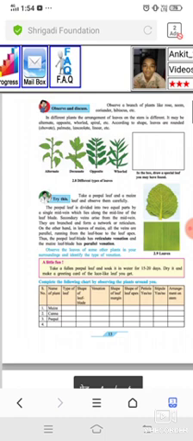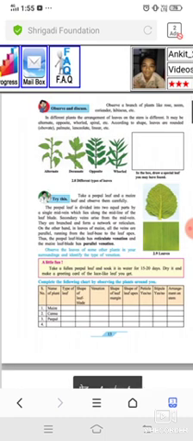Take a peepal leaf and a maize leaf and observe them carefully. The peepal leaf is divided into two equal parts by a single midvein which lies along the midline of the leaf blade.